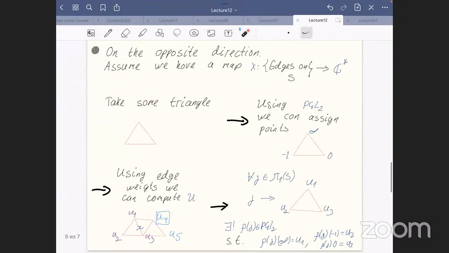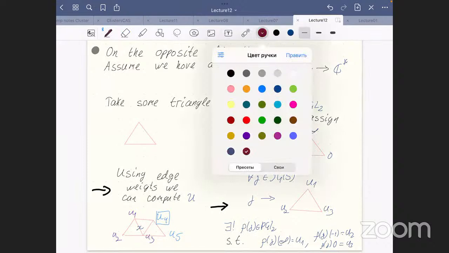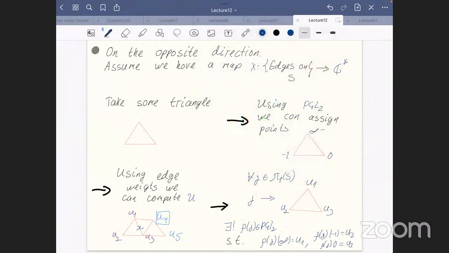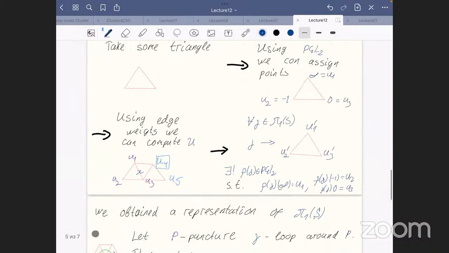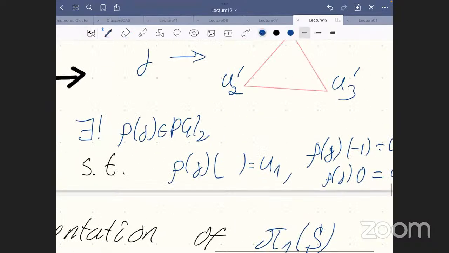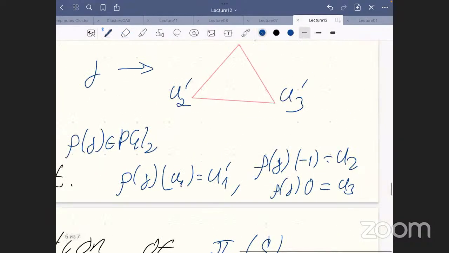I started from some triangle for which I assumed, let us say, 0, -1, infinity. Maybe it will be more clear if I write here that this is U1, this is U2, this is U3, and these will be primes, and our element just maps them to primes.